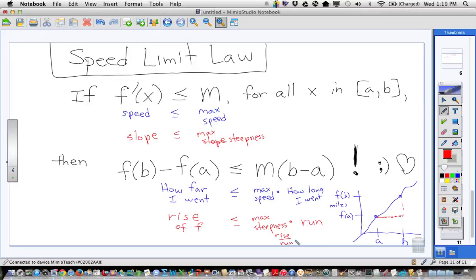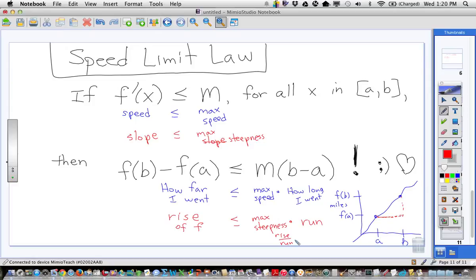What do you know? The most it could have gone up is 15. If the steepest the graph ever is 3, and that's what f prime tells us, and I go over 5, the most I could go up is 15. But it might not be 3 the whole time, just like I might not have gone 20 miles an hour the whole time, right? But that's what it says.